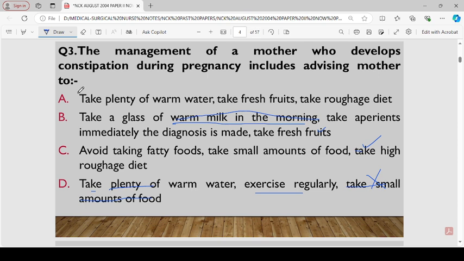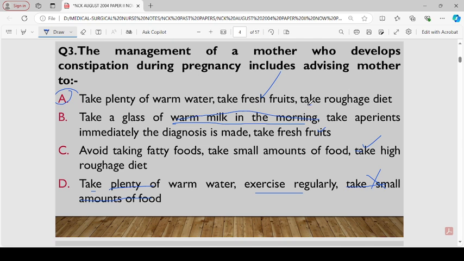Option A is the correct answer because here we are talking of taking plenty of warm water. We said that's the best option there. Taking warm water normally softens stools and also prevents dehydration. Taking fresh fruits, we have also said, is the correct thing to do because fresh fruits like apples, berries, and pears normally promote bowel movement.